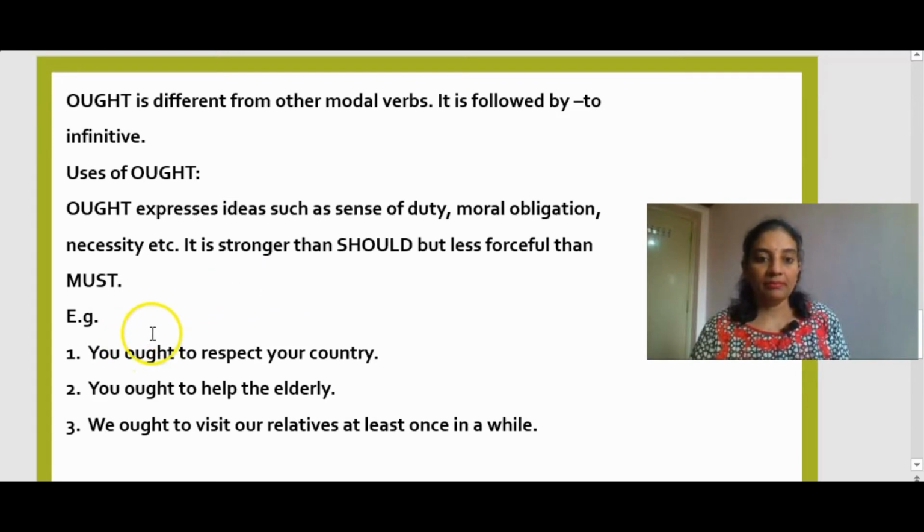Look at the examples. You ought to respect your country. You ought to help the elderly. We ought to visit our relatives at least once in a while. See, these three sentences: if you don't do the activities mentioned here, you may not be jailed or punished very severely, but it is a strong moral obligation or sense of duty or even necessity to do all these things.